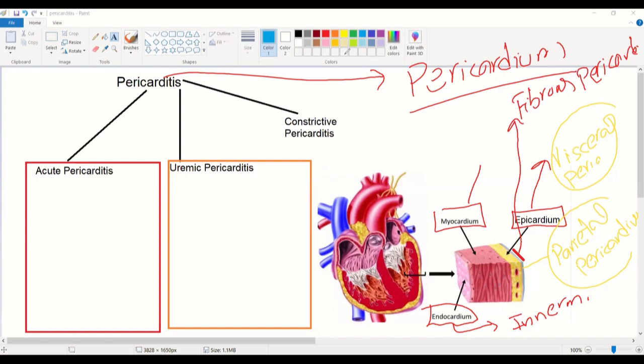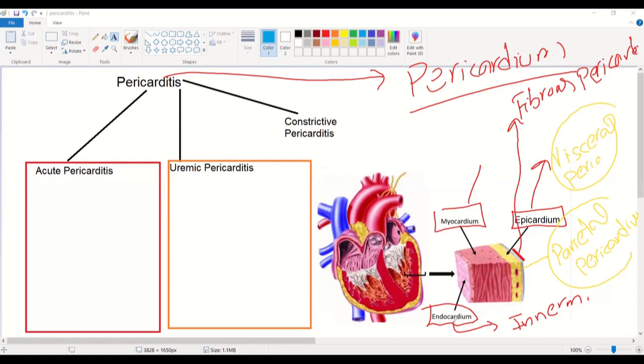Okay, so below the epicardium, or in the epicardium. This is again high yield stuff. The pericardial fluid is in between the visceral pericardium, which is the epicardium. Sometimes they give you the option epicardium, so don't get confused. Epicardium and visceral pericardium are the same thing. Then the parietal pericardium, right? I hope this makes sense.